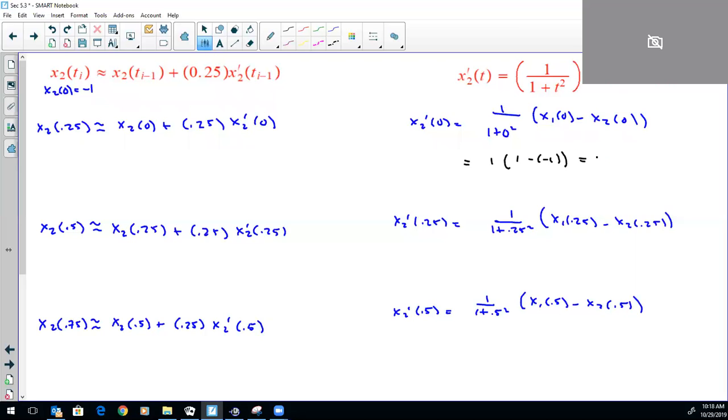This is 1 times 2 is 2. So x2 of 0.25 is approximately equal to x2 of 0, which is negative 1, plus 0.25 times 2. And this is negative 1 plus 0.5, which is negative 0.5. Okay.